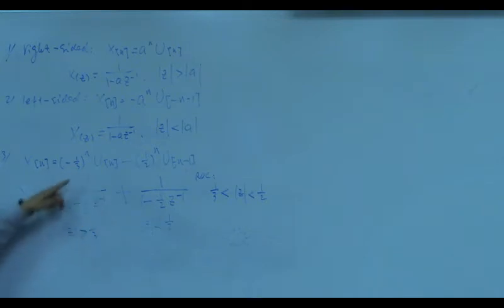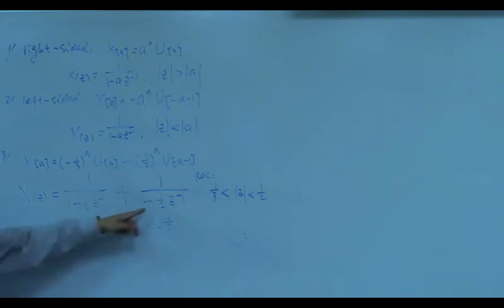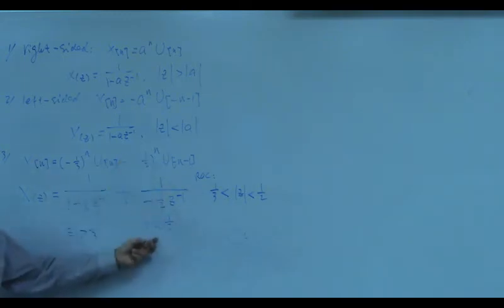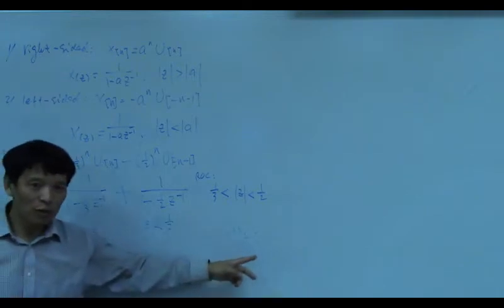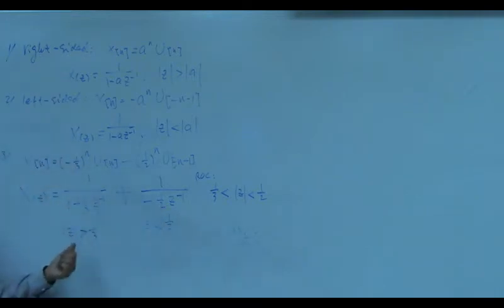This part is still good, except this is 2/3, right? And this one must be greater than 2/3. This one is still good, and we do not change anything here. Then combine this together: less than half, greater than 2/3. So again, we don't have any region of convergence. That means the Z transform does not exist.